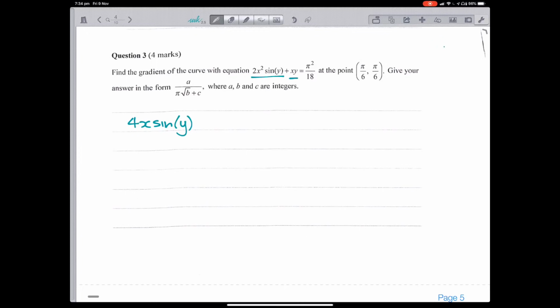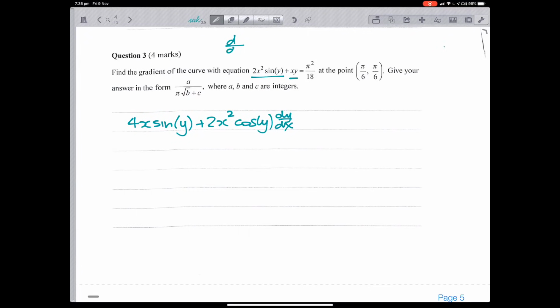Then, if we derive, we get plus 2x squared, and then we've got the derivative of sine y, which is cos of y dy/dx, because we're deriving it with respect to y.